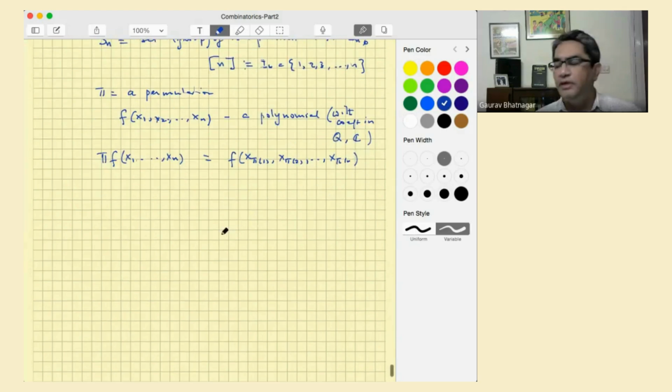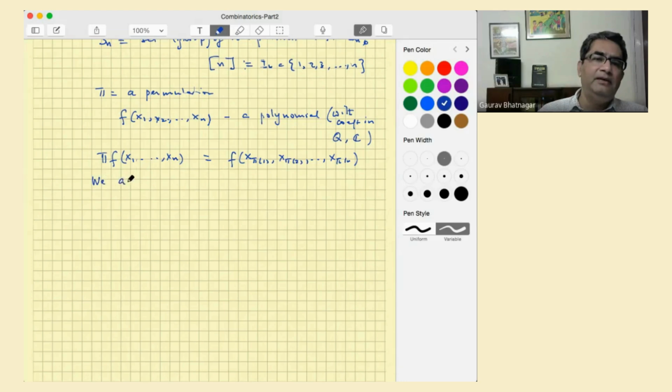So you get a permutation of these variables, and in algebraic notation we say pi acts on f, or the symmetric group acts on f by permuting the variables.